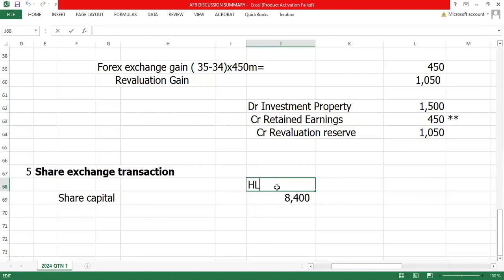This is in a million. But let me put all the figures. Then you have, it is 8.4 billion. I add other 3 zeros.